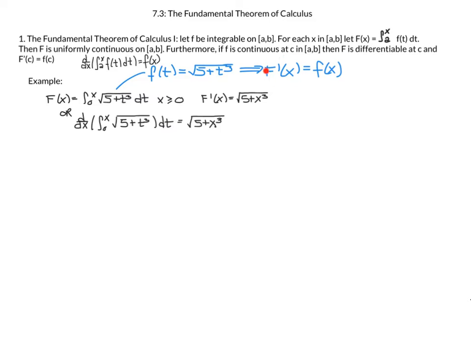So the derivative of capital F(x) is equal to little f evaluated at x, which will give us the square root of 5 plus x cubed. This is the alternate form, d/dx of the integral from 0 to x of the square root of 5 plus t cubed. So here is our little f(t), and we plug in x for t.